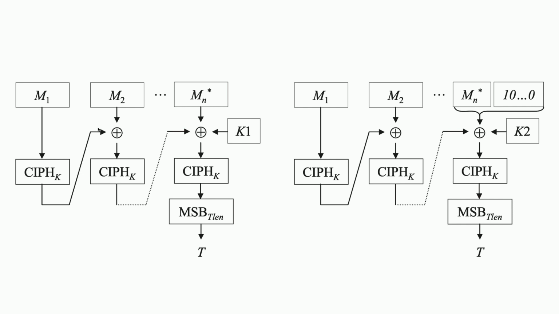So you do exactly like CBC MAC until you get to the last block, and then you XOR in key 1, and you encrypt it, and you take the TLEN, the output length, most significant bits, typically all of them.